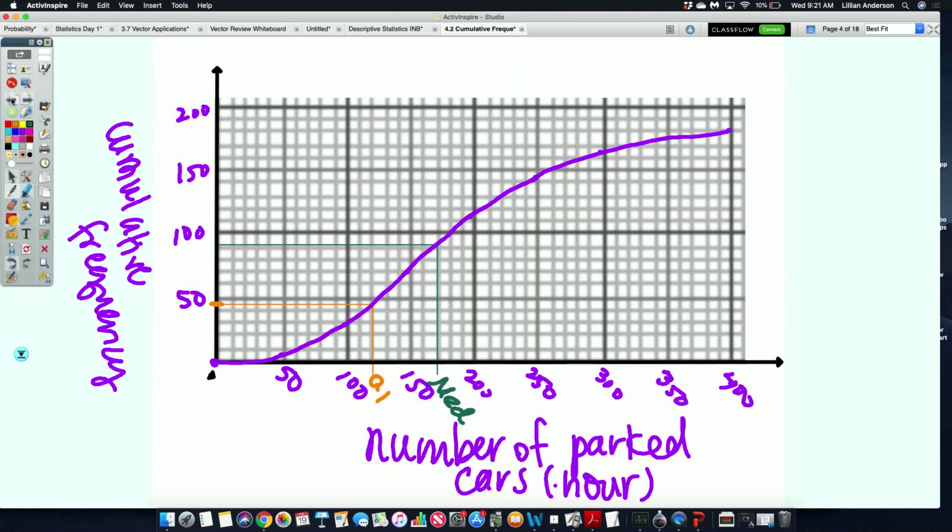On your curve, you go along your cumulative frequency axis to 90.5, and you draw a horizontal line over to where it hits your curve. At that point, you draw a vertical line down, and that point on your x-axis is your median.